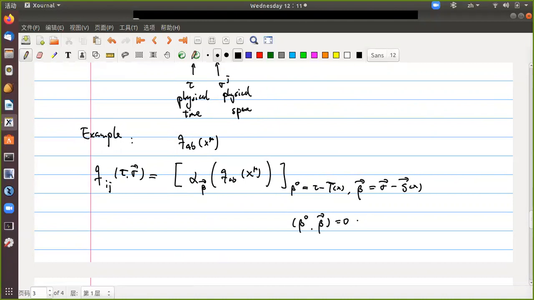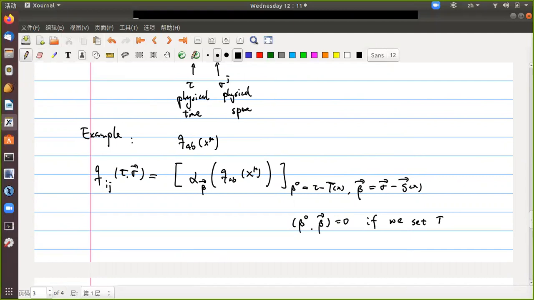In the original definition, we have beta^0 and beta just for full generality. But we can actually just set the value of the dust field T to be tau and the value of the dust field S to be sigma.